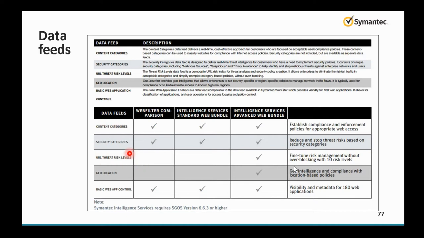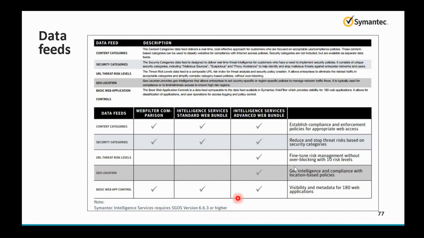All right? If you plan to use URL threat risk level, then you can get this service as part of the advanced web bundle. So this one, the URL threat risk level, is another database that we use to identify URLs based on their risk level. We will look at this in a bit more detail later on.